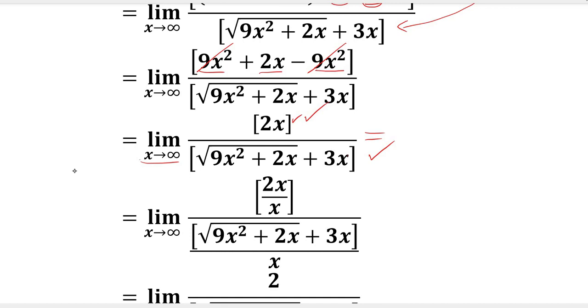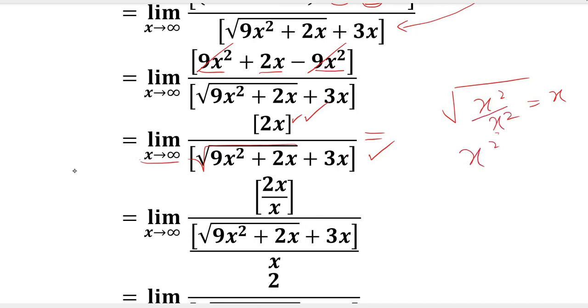Now, since we have a square root, inside the square root, if you divide by x, that becomes x squared.